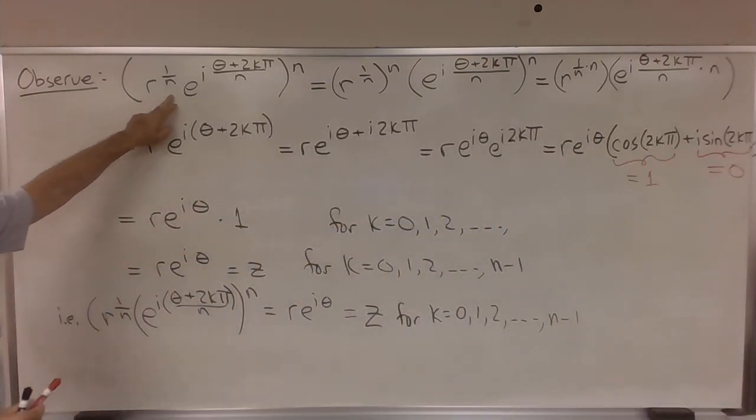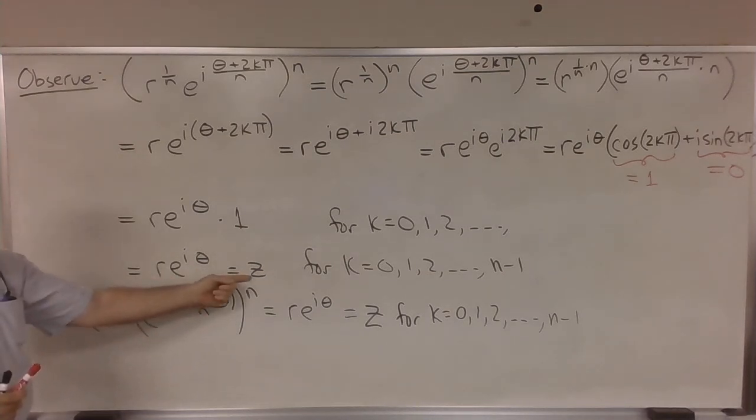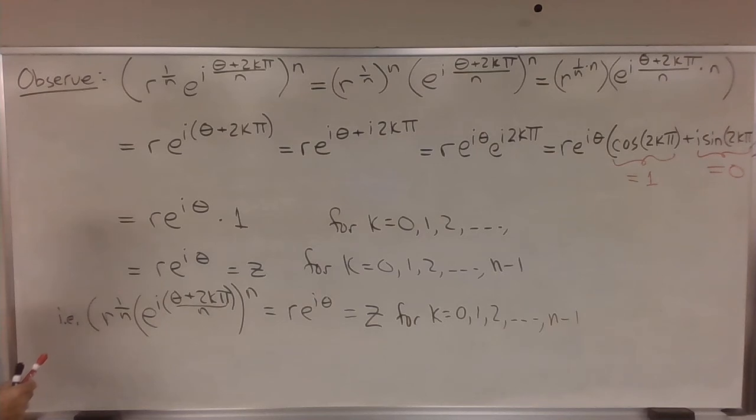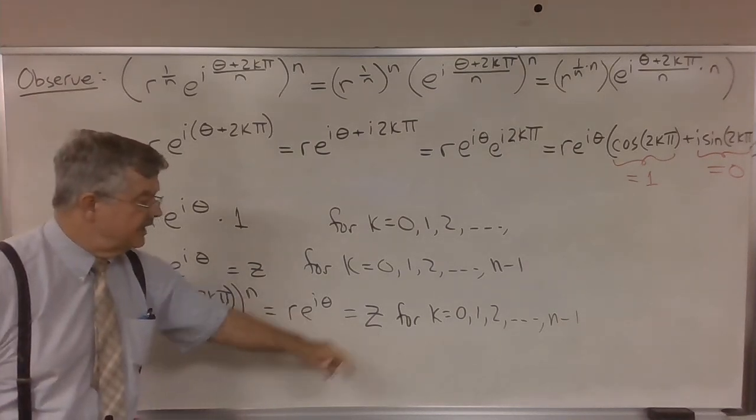Well, this is what we started with, isn't it? We took this thing, raised it to the nth power, and we got r times e to the i theta, or z. So, for all n values of k, this expression is a number such that when we raise it to the nth power, we get z.